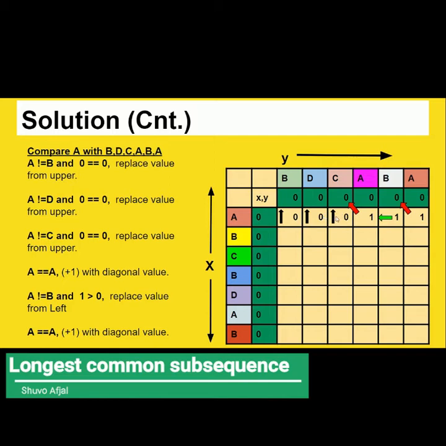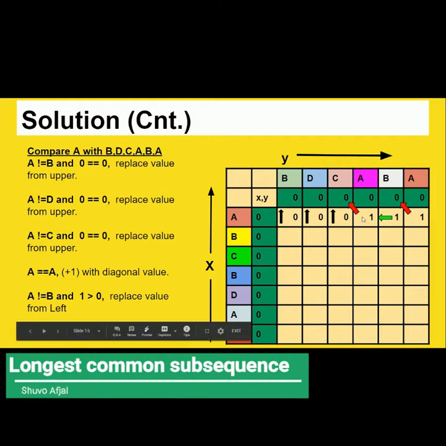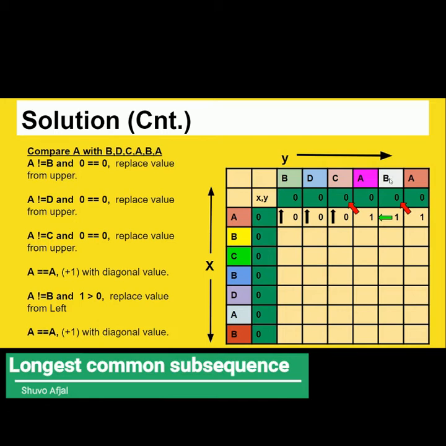It's also solved the same way. See this. A and A are equal. So compare 0 and 0, add 1 diagonally, plus 1 with the diagonal value. Again, A and B, compare it.